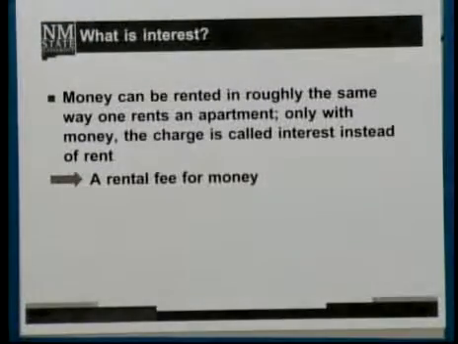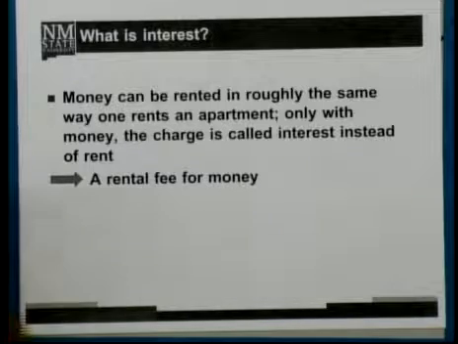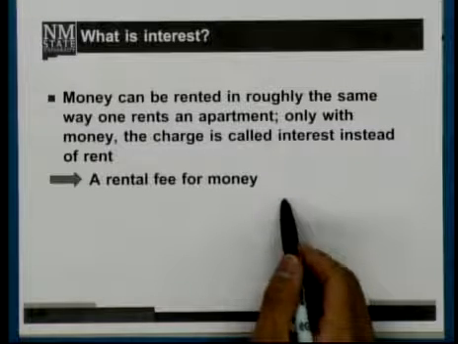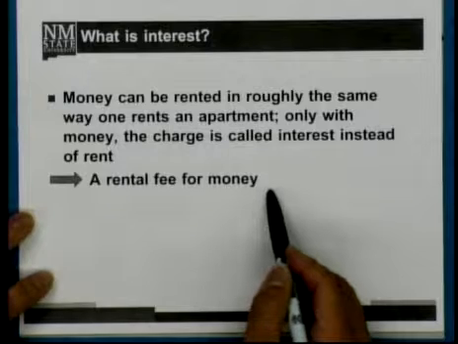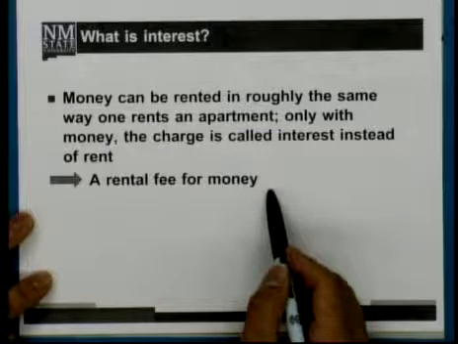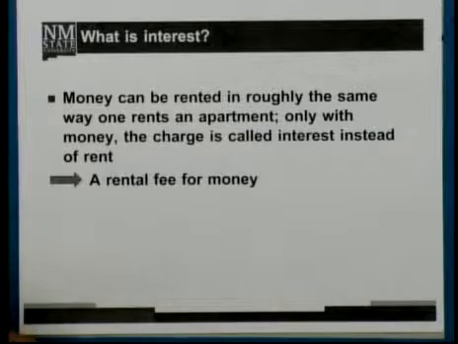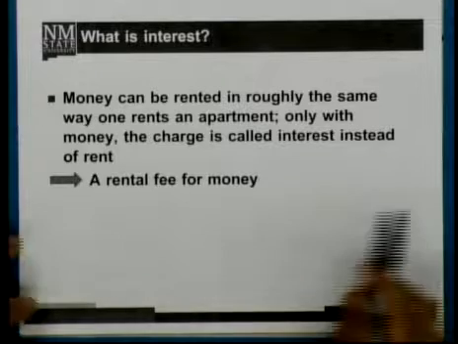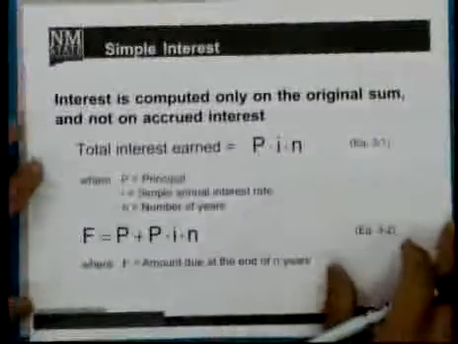So I do say the interest can be considered as a rental fee for money. Interest is a fee paid for the use of money, or a fee earned for the use of money. And last time we have also learned two types of interest: simple interest and compound interest, right?